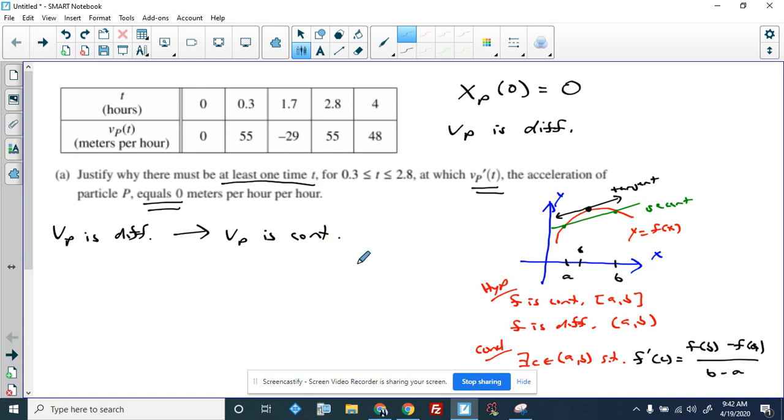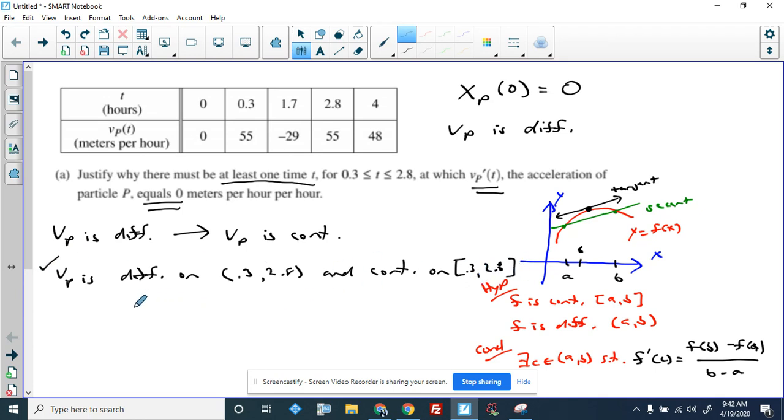If you're continuous, you're not necessarily differentiable. Just think of corners and cusps. But if you're differentiable, you must be continuous. So you'd state that vp is differentiable on the open interval 0.3 to 2.8 and continuous on the closed interval 0.3 to 2.8. There is your hypothesis.